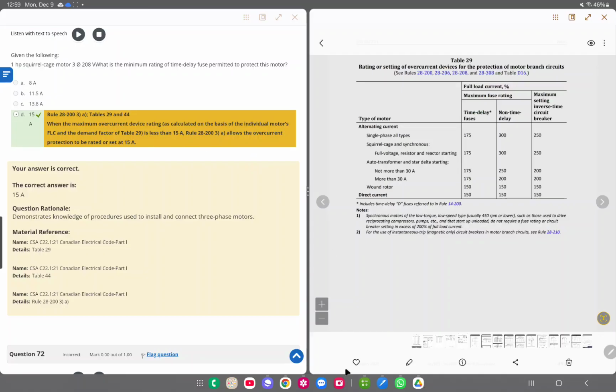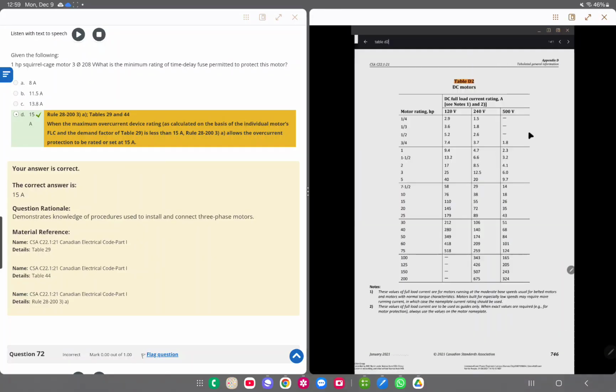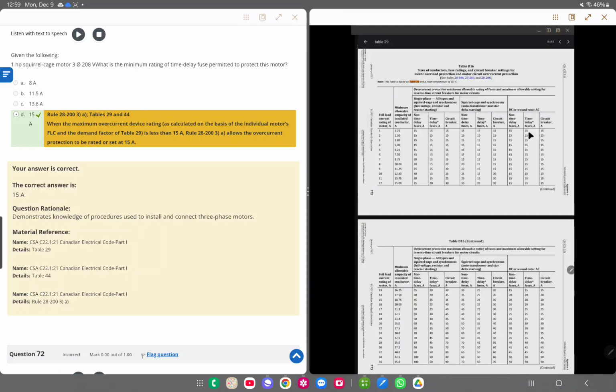It's not showing us our calculations in the answer. It's okay, I'll do it for us. 4.6 times 1.75. All right, it's 8.05. And then I wonder, do I have a screenshot of Table 13 here?